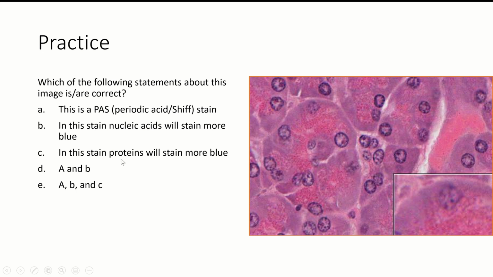It says, in this stain, proteins will stain more blue. Yeah, so that's going to be false, right? We said it's nucleic acids that are going to stain more blue. Proteins are going to stain more red, right? That's that eosin in the H&E stain, where these areas that are very rich in proteins are going to stain more red. So the answer for this one is just going to be B.